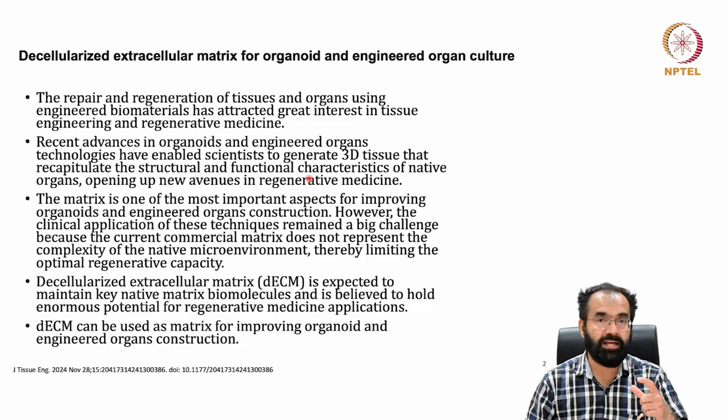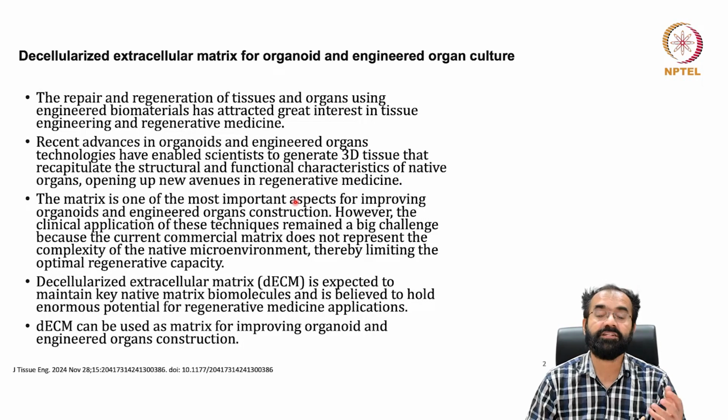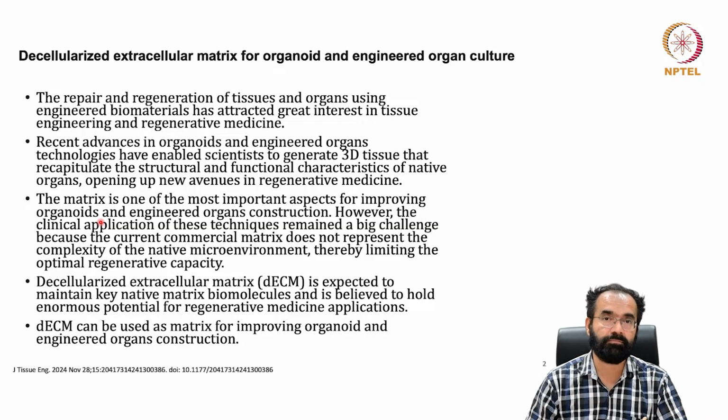Say your kidney is 5.2 centimeters in diameter or length, you can make exactly that, not 5.3 or 5.1, exactly 5.2, opening up new avenues in regenerative medicine. Such an approach has cleared a lot of hurdles. So the matrix is one of the most important aspects for improving organoid and engineered organ construction.